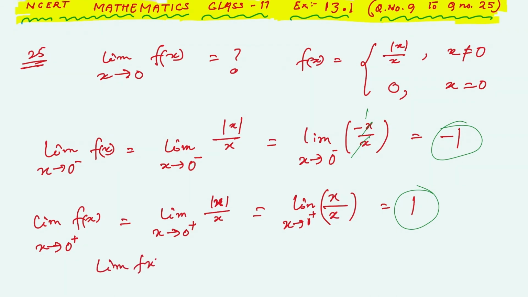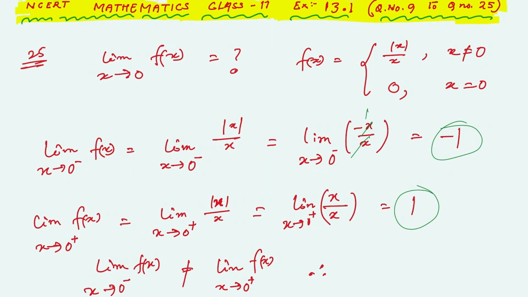So the limit of f of x as x tends to 0 negative is not equal to the limit of f of x as x tends to 0 positive.